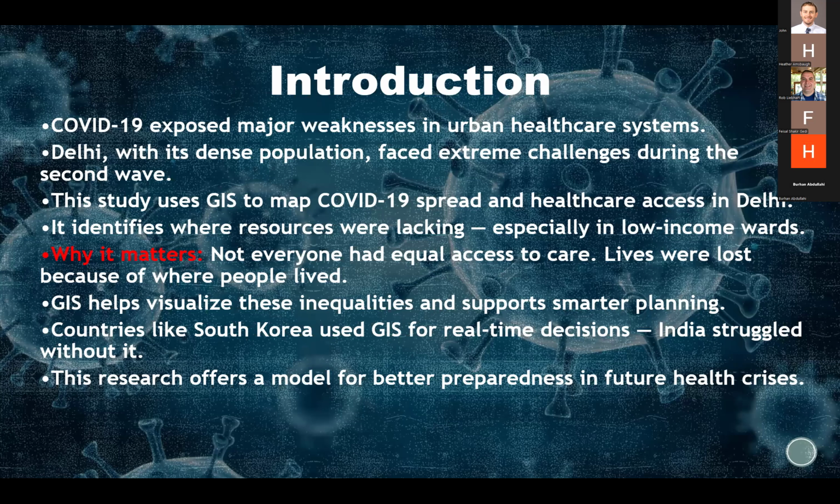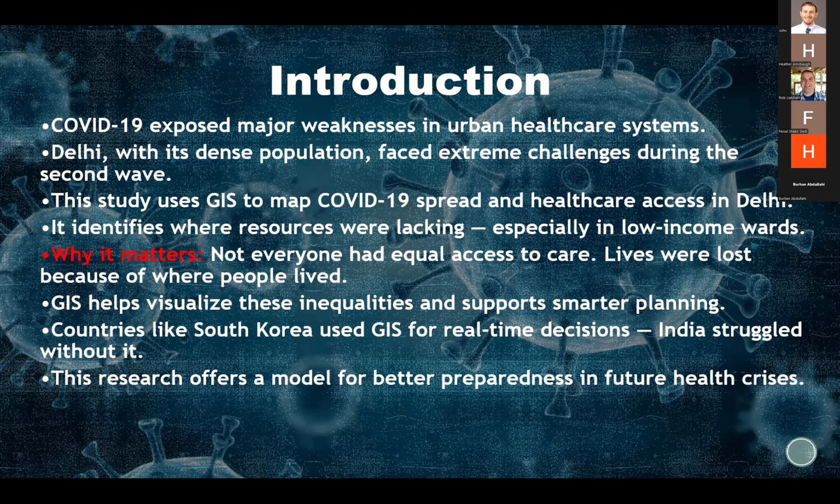And why should we care about this research? During Delhi's second wave, media reported horrifying scenes like people asking for oxygen and overrun testing labs. Why did this happen? The major reason for this is that planning wasn't spatial.